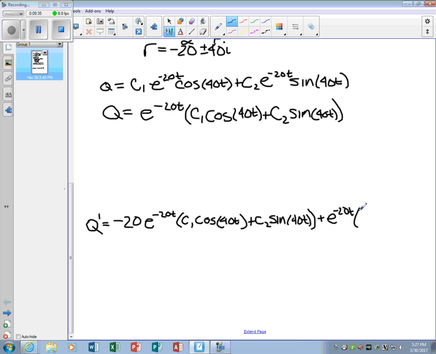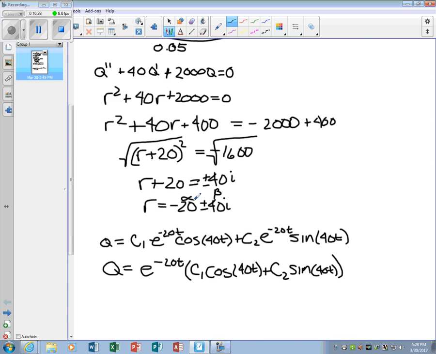We're going to have, oh, it's actually negative 40, gotta plan that out a little better. So negative 40 C1 sine 40t, continue it, and that's plus 40 C2 cosine 40t. Like I said, it looks a lot cleaner.